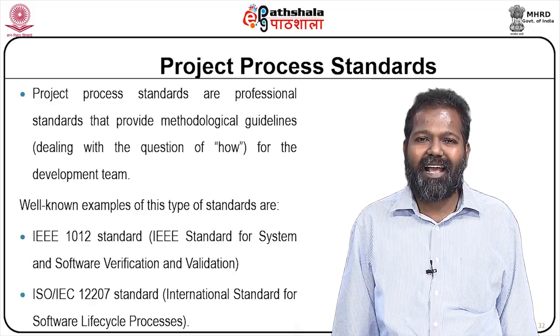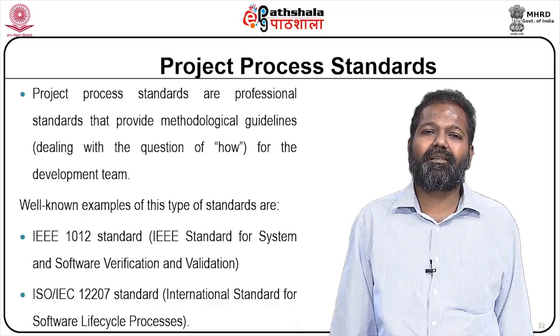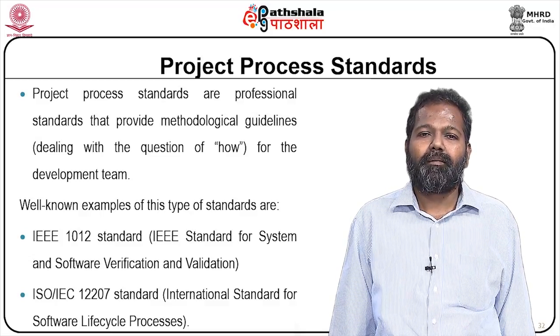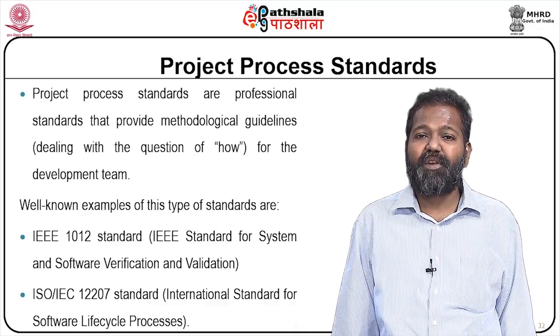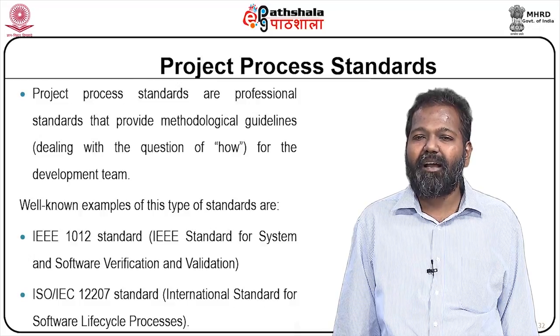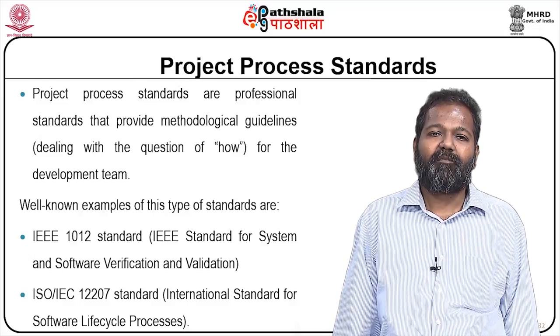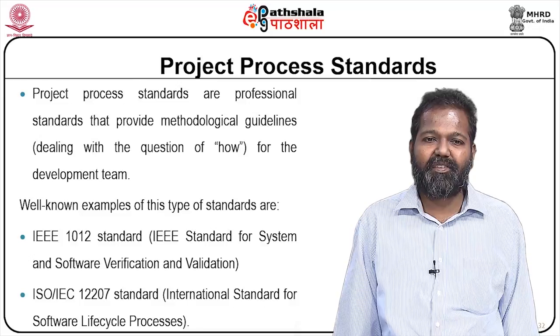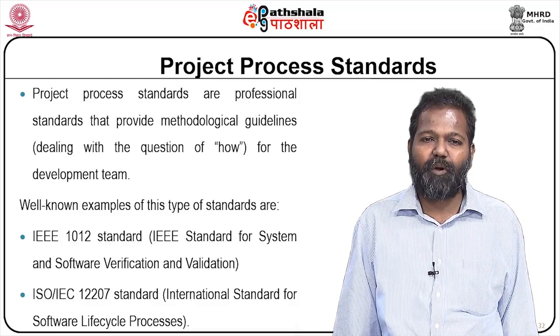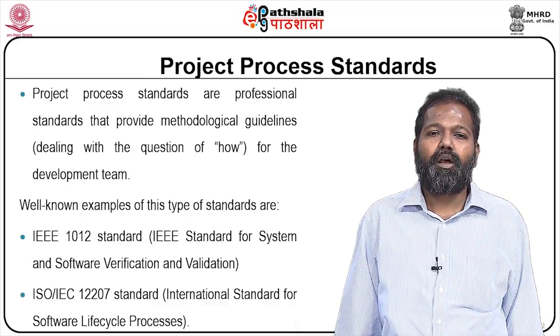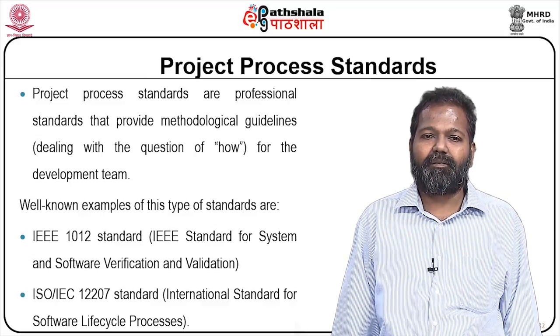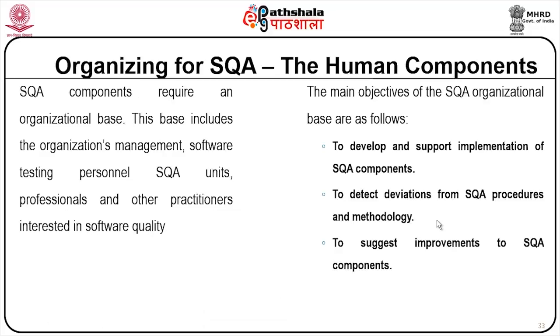Project process standards are professional standards that provide methodological guidelines dealing with the question of how for the development team. Well known examples of this type of standards are the IEEE 1012 standard, ISO IEC 12207 standard.